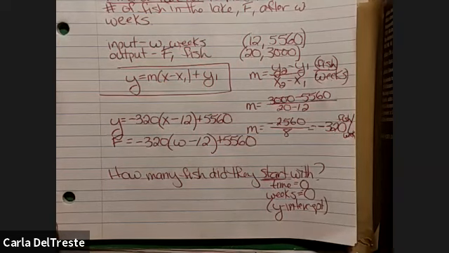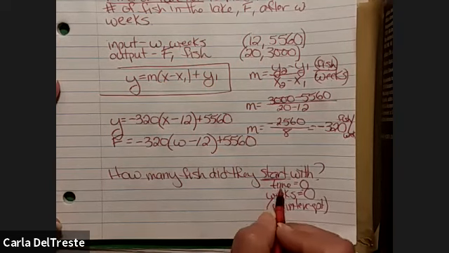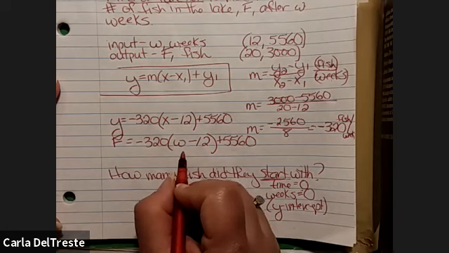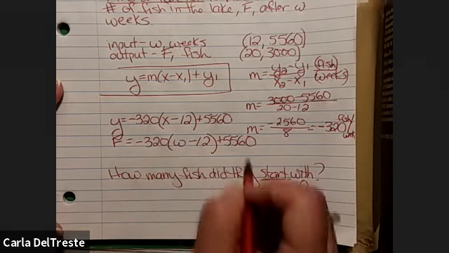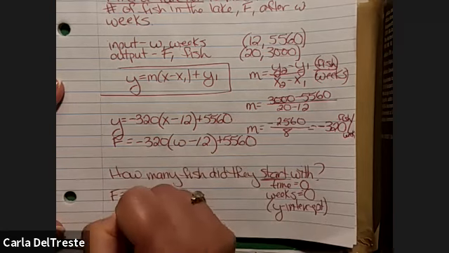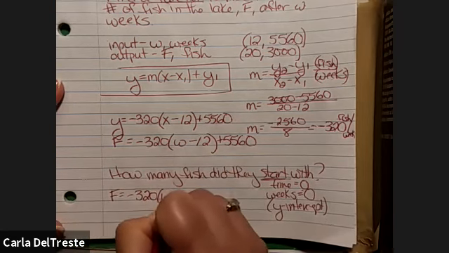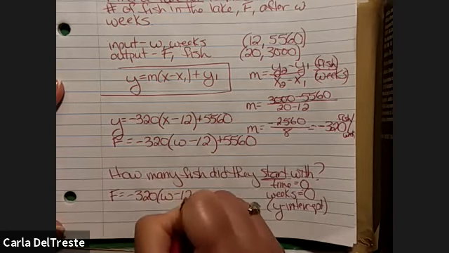I can do one of two things. I could either physically plug 0 in here and work it out, or I could just simplify this by distributing the 320, negative 320, and then combining like terms.